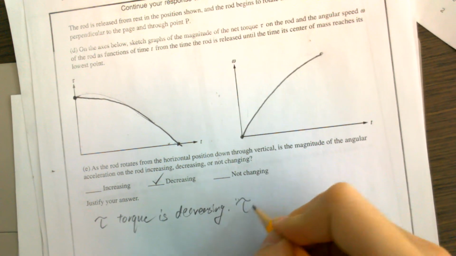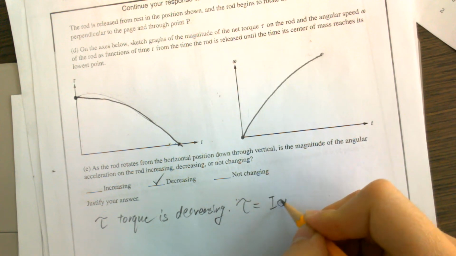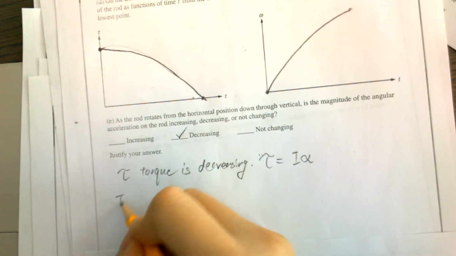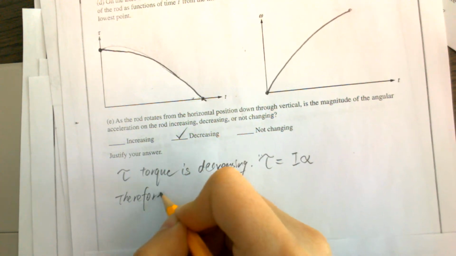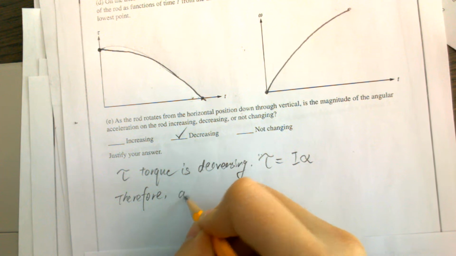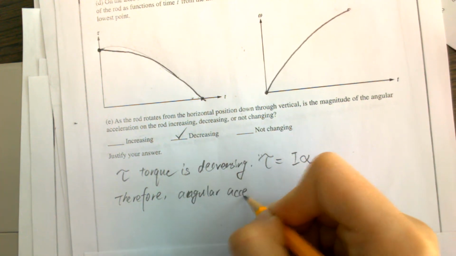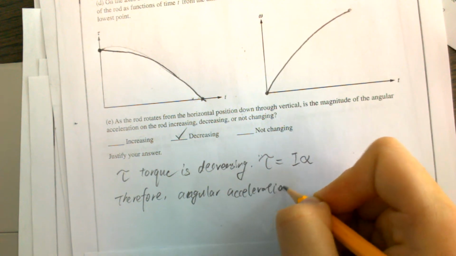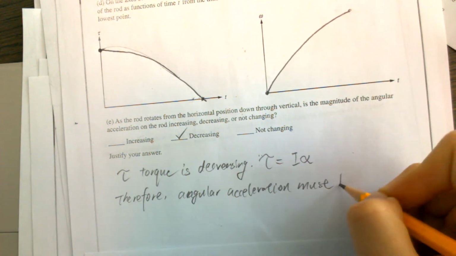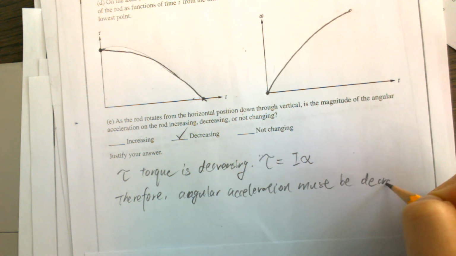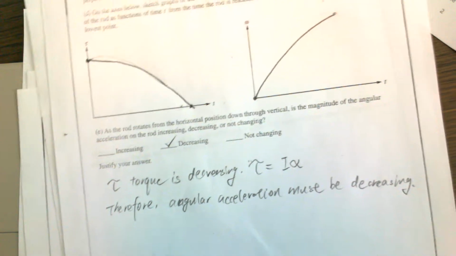And torque is equal to I times angular acceleration. Therefore, angular acceleration must be decreasing. Okay, that's for part E.